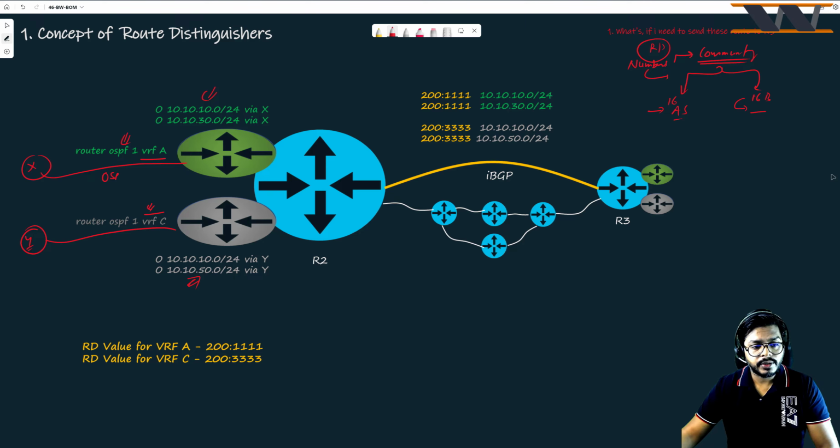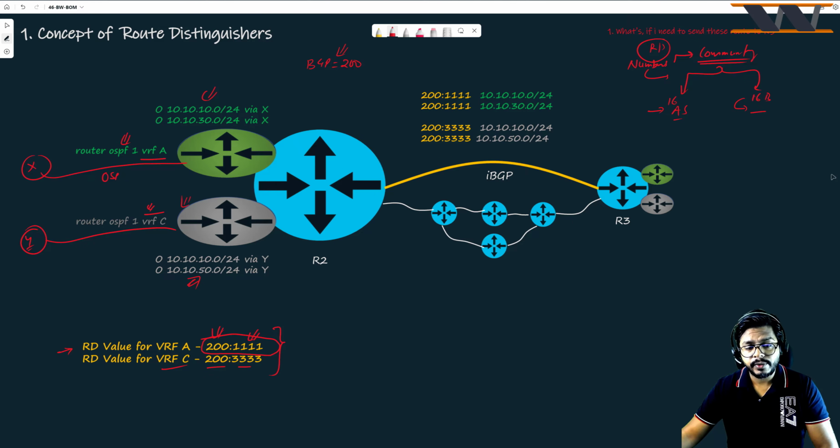I am making a document which says the route distinguisher value for VRF-A is 200:1111. This number is any arbitrary number, and this number is your autonomous system. It means that the BGP which I am going to run here, through which I am sharing the route, is running AS number 200. It is as simple as that, right? And the RD value for VRF-C, which is the gray virtual router, is going to be 200:3333.